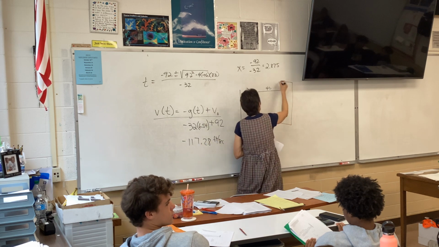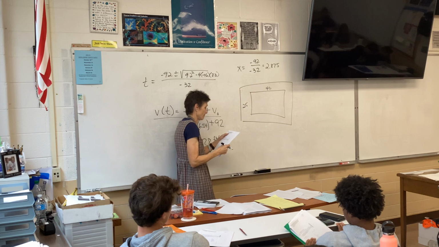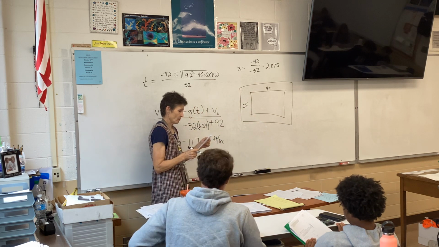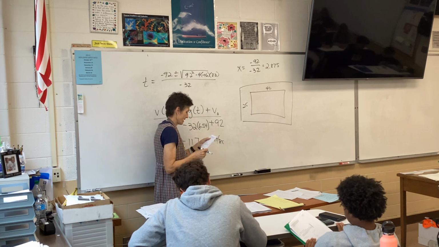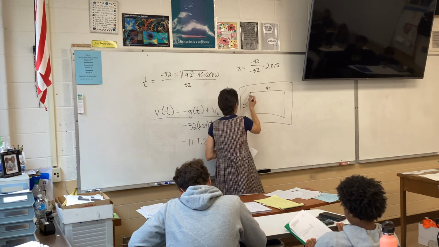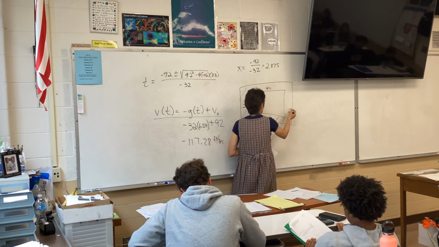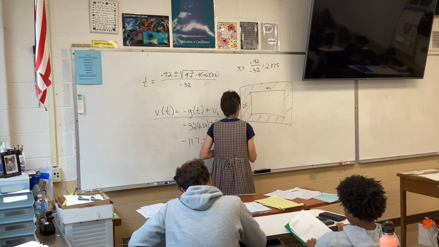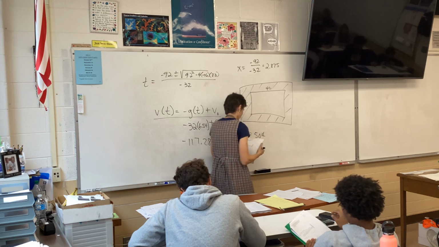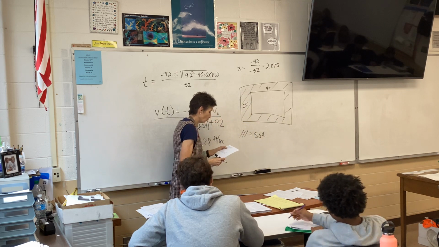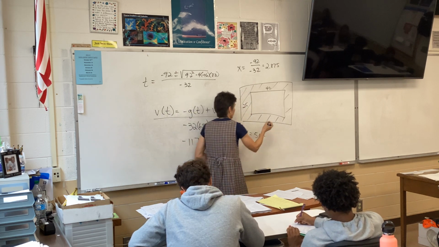So kind of like a picture inside a frame, only it's a patio inside of whatever. The area of the strip is 504. Find the width of the strip.